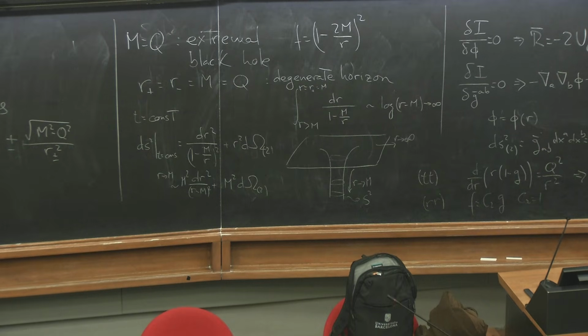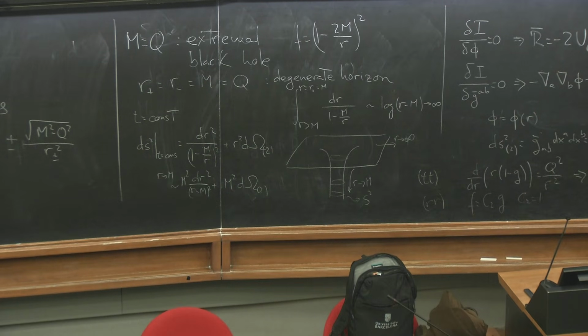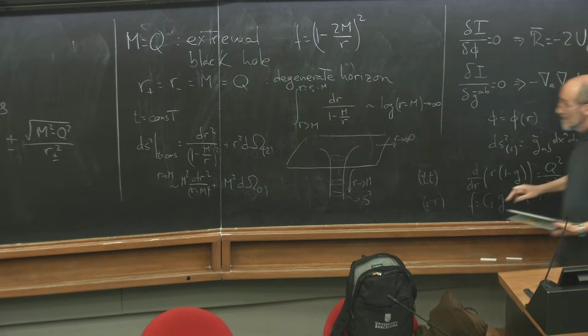Okay? And the fact that these throats go infinite in this limit is one of the properties of these systems that makes them super sensitive to effects like quantum fluctuations. Questions?